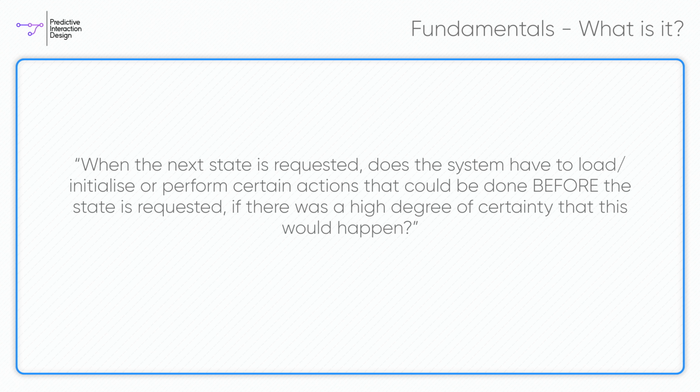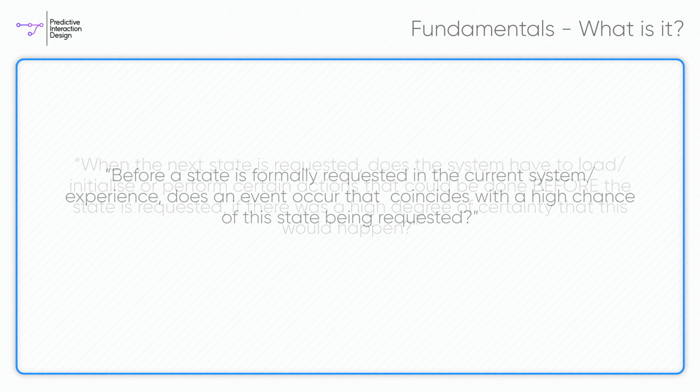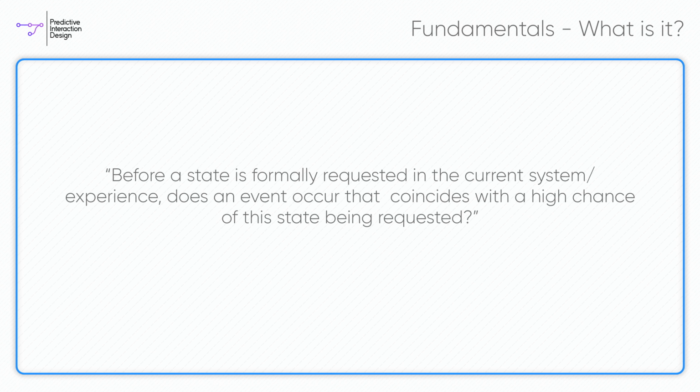So if we're confident that a user is going to make an interaction, could we actually run some components or processes of the result of this interaction before the user actually makes that interaction? Then we need to ask, well, before a state is formally requested in the current system or experience, does an event occur that coincides with a high chance of this state being requested?